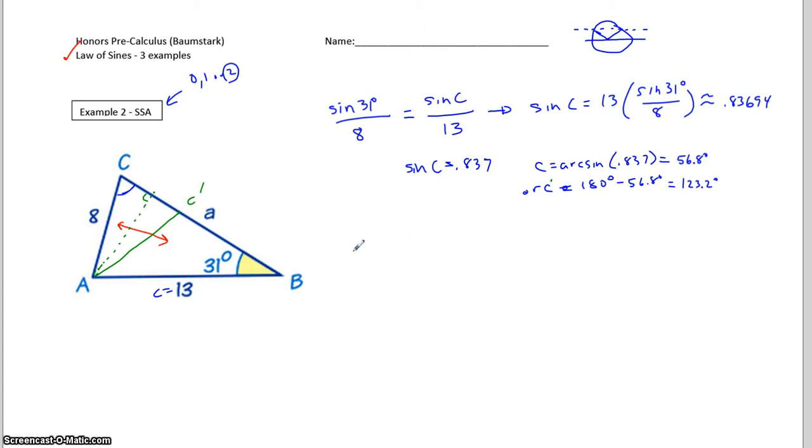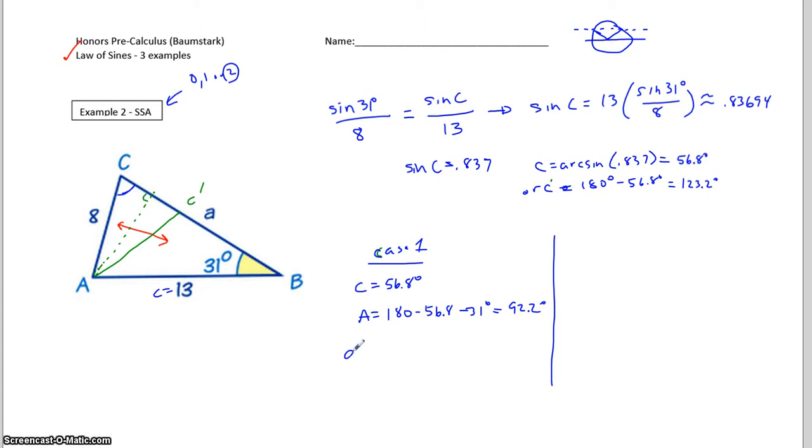So let's go and finish off those 2 cases. We'll do case 1 over here in blue. C is going to be 56.8 degrees. If we do that, we know A is going to need to be 180 minus 56.8 minus the 31 degrees that's given there, and that's going to give us 92.2 degrees. Then we need to solve for A in that scenario.